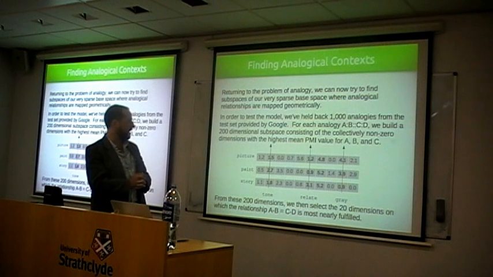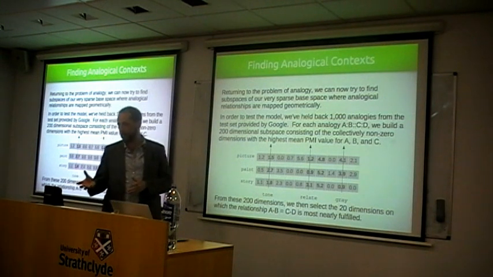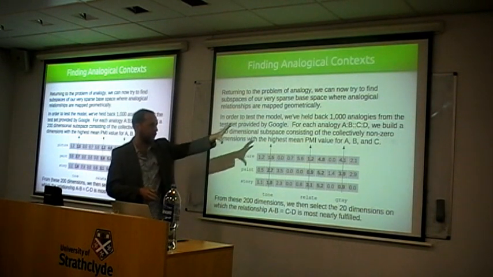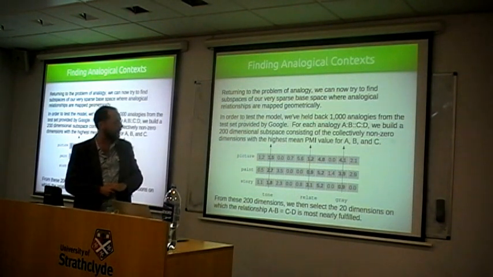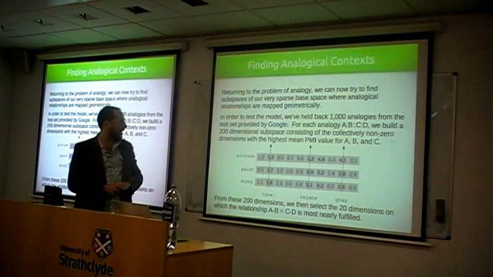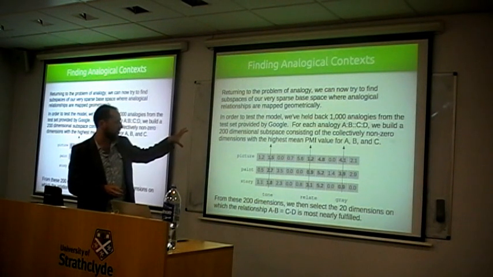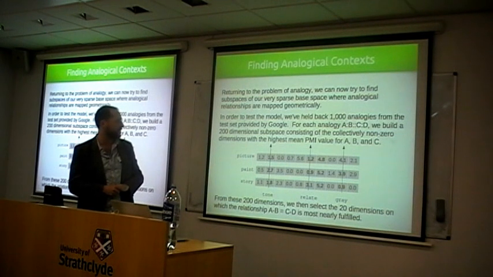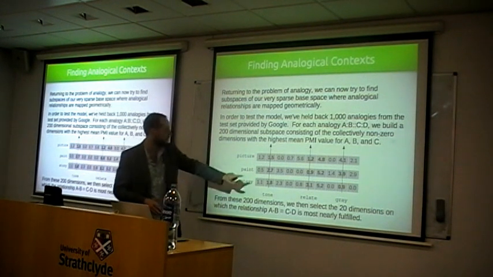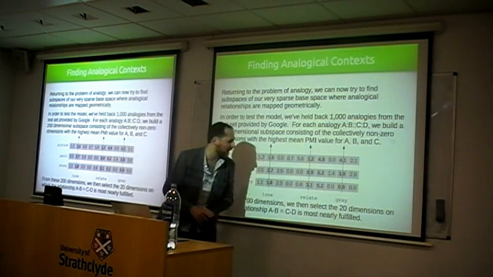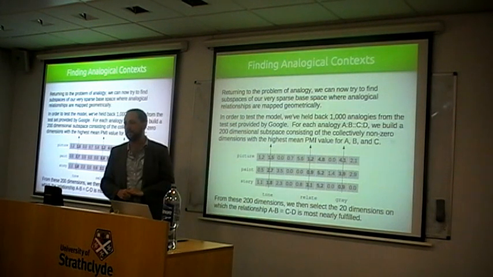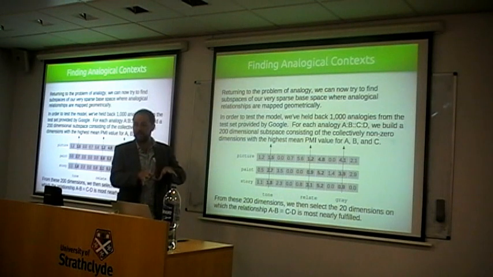And in order to test the model, or in order to offer a proof of concept, we've held back 1,000 analogies from that same data set that Mikolov et al. used. And for each of these 1,000 analogies, we've picked the 200-dimensional subspace that satisfies this property for A, B, and C. So for picture, paint, and story, it turns out that tone, relate, and gray are all dimensions where there are relatively high PMI values for all three word vectors.